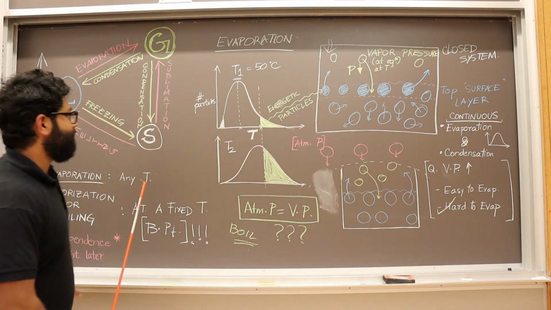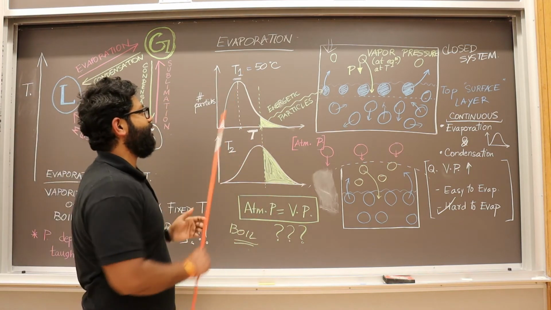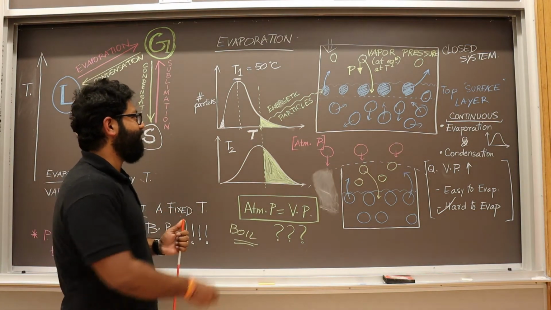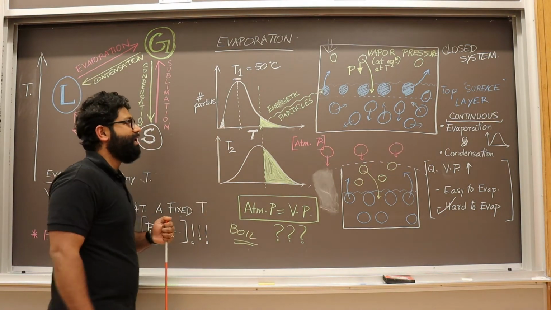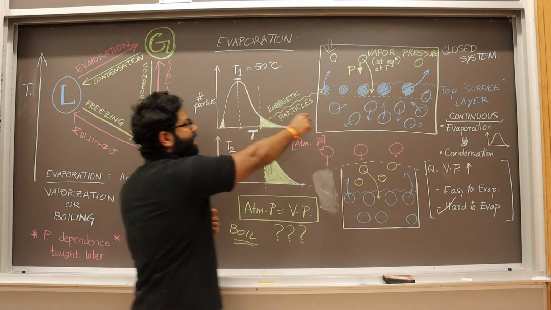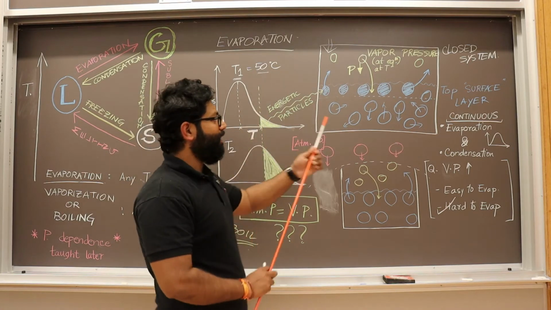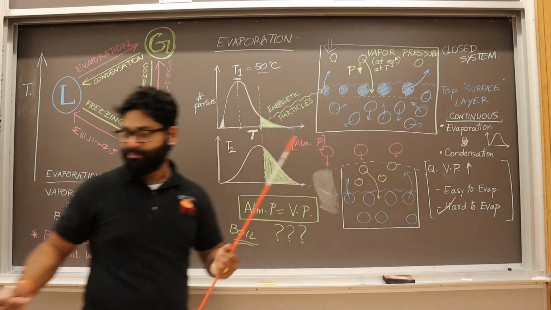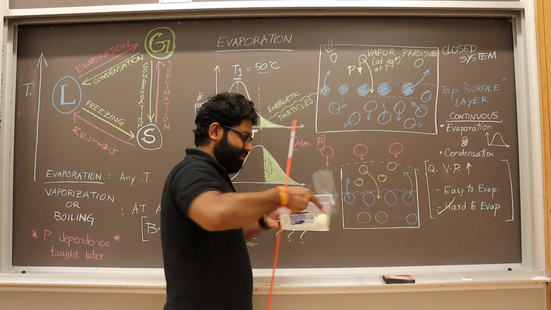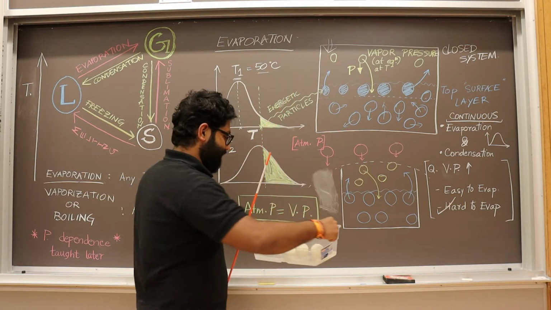Okay? All right. So there is another concept, evaporation, which is really interesting, and for that we'll bring back the concept of the bell curve, in which we have the distribution of the particles. Say we have the distribution at 50 degrees Celsius for a closed system like this. We have liquid water, and the balls here represent the particles in the liquid.